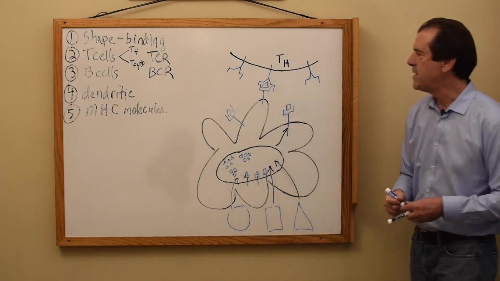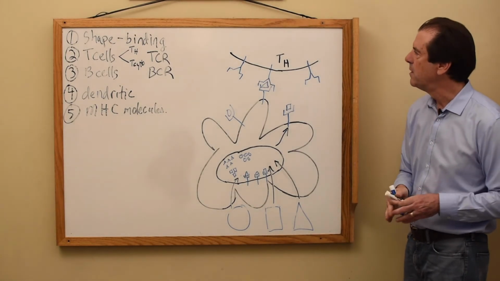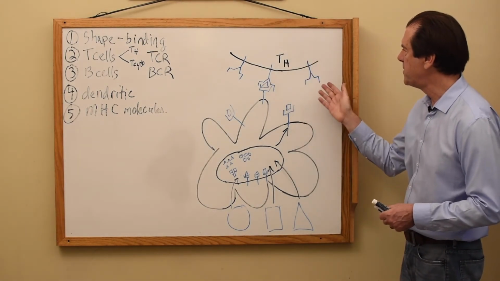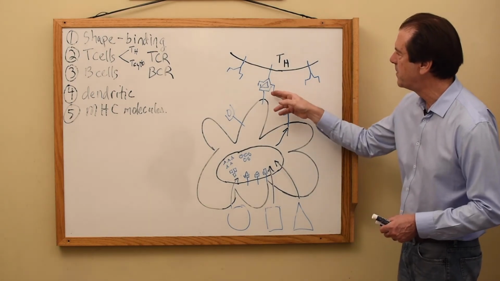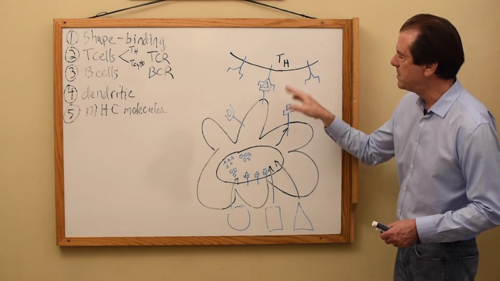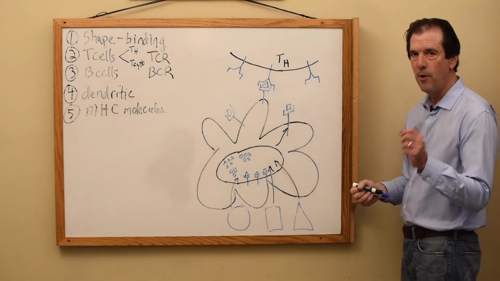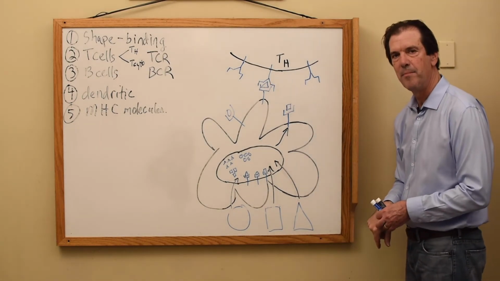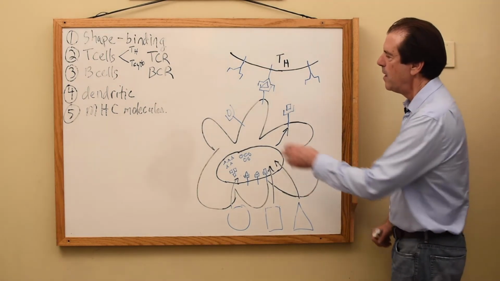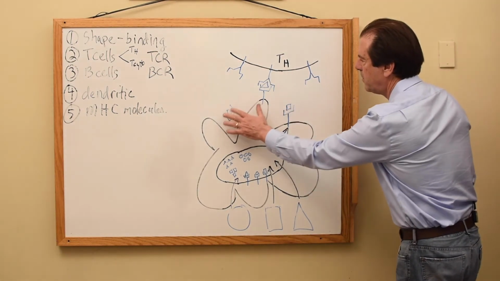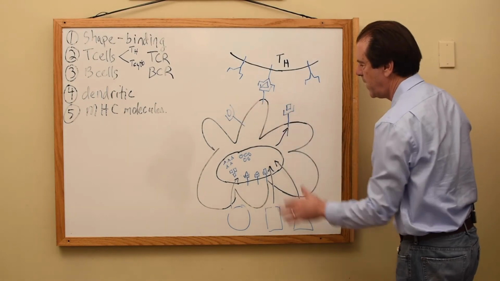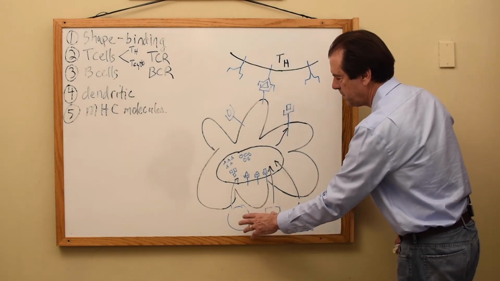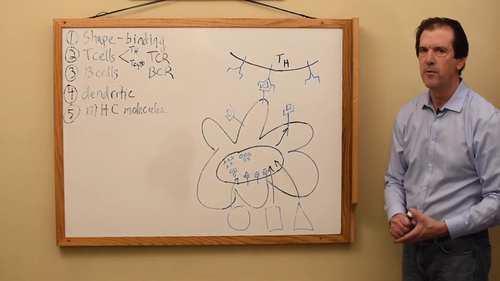Now, every T cell has a unique T cell receptor, and this T helper cell happens to have a T cell receptor that recognizes an MHC molecule that's loaded with a mini triangle because it has the proper surface complementarity. Now, imagine that these other two molecules, the circle and the square, come from normal cellular proteins.